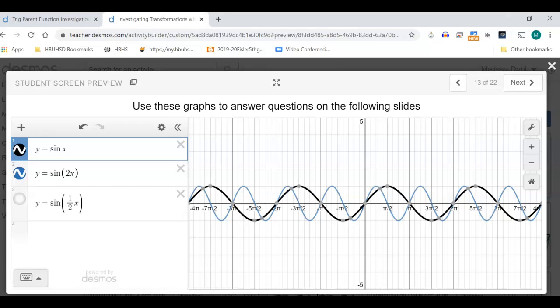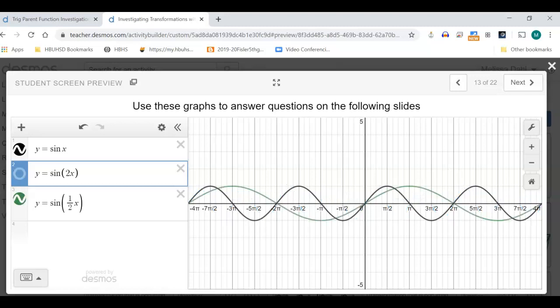That's what the 2 is standing for. But remember, what that means on the graph is that this graph takes half as long to complete the period. Notice it completes 1 cycle of the graph in pi because it's taken the graph and horizontally compressed it. Even though the number is 2 here, the horizontal distance is not getting multiplied by 2, it's getting cut in half.